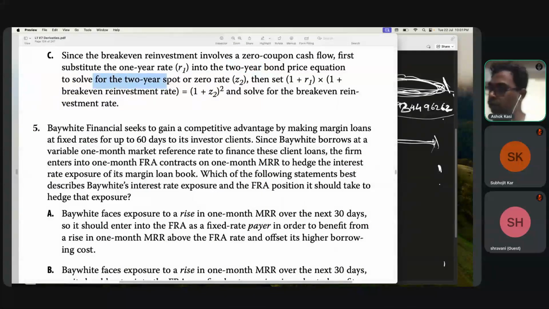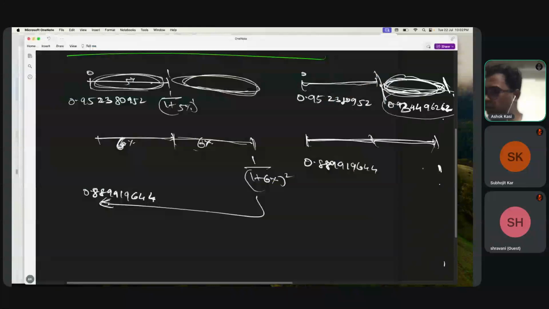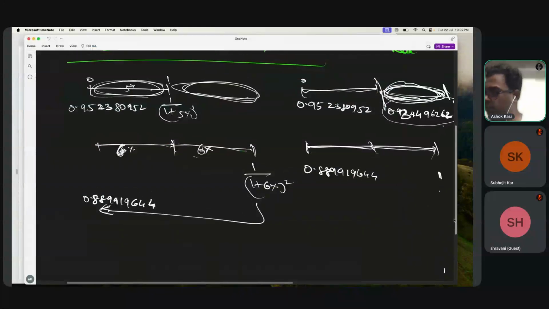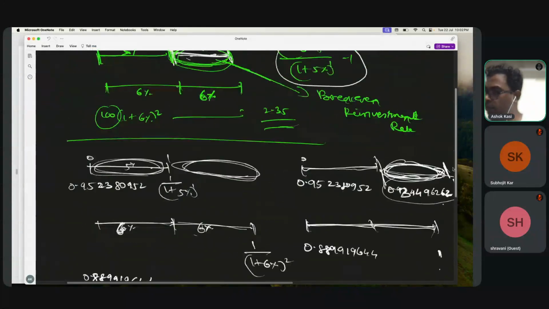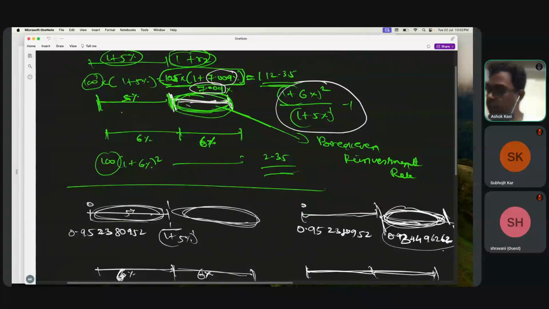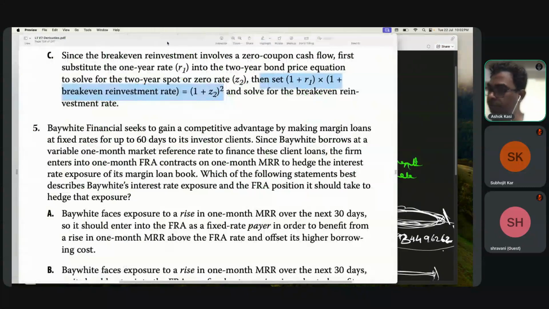To solve for the 2-year spot rate. Then set 1 plus R1 into 1 plus break even is equal to. And this is what it means. Now, it can be said in different ways. Like now this one I did using the bond price way, and this is all through interest rate.